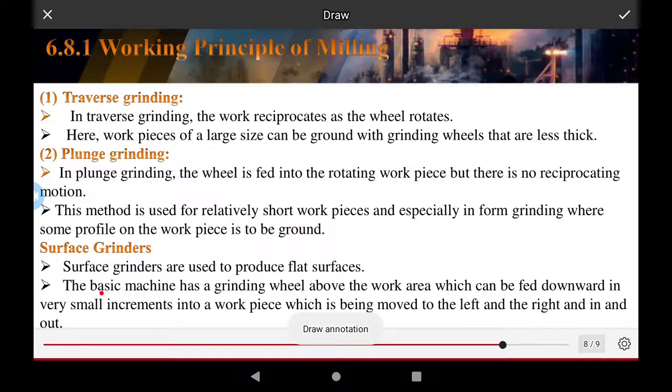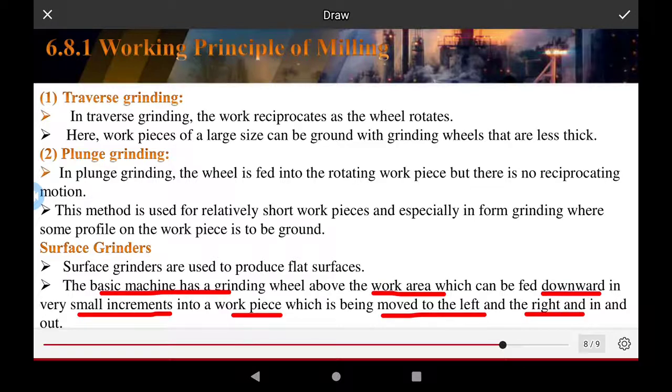The basic machine has a grinding wheel which is fed down onto the work area, and the workpiece moves to the left and right.